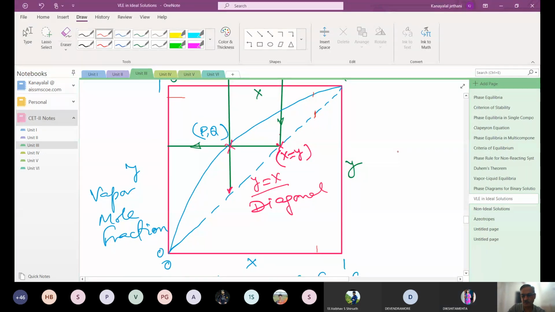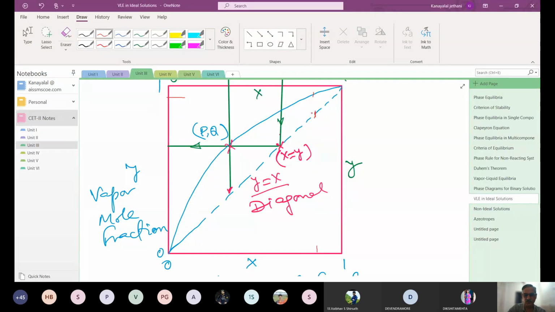That is the principle of distillation, right? The vapor composition is always more than the liquid composition for the more volatile component. Remember that. The more volatile component has more vapor pressure and a lower boiling point, so the vapor will always have more of the more volatile component.